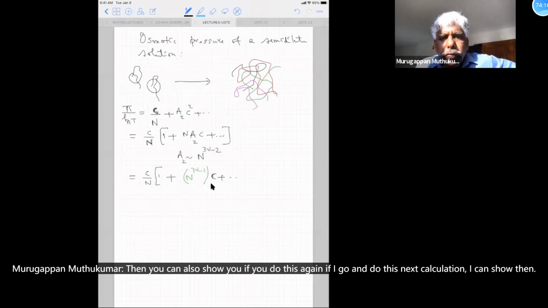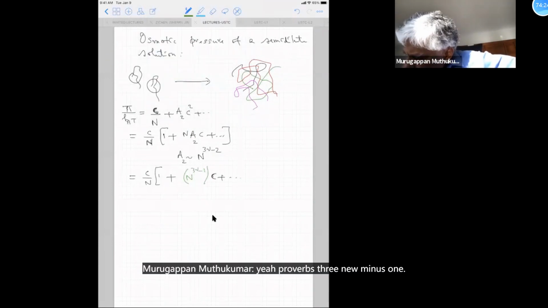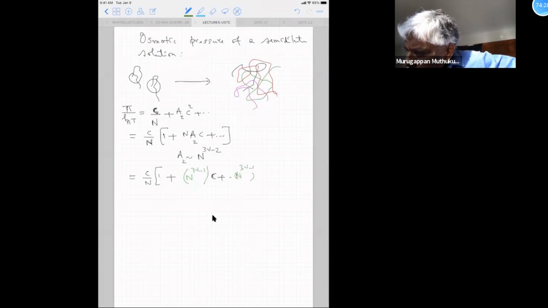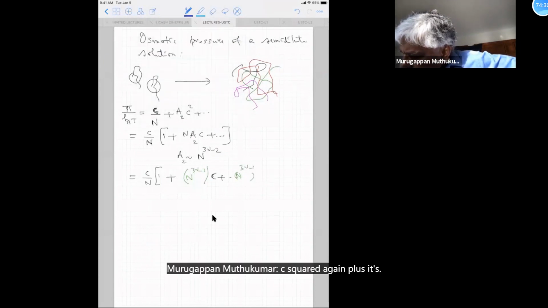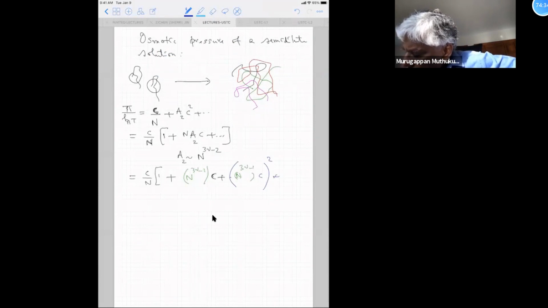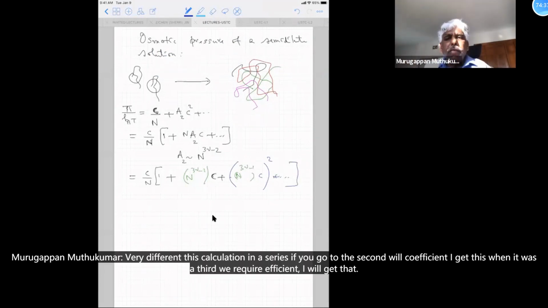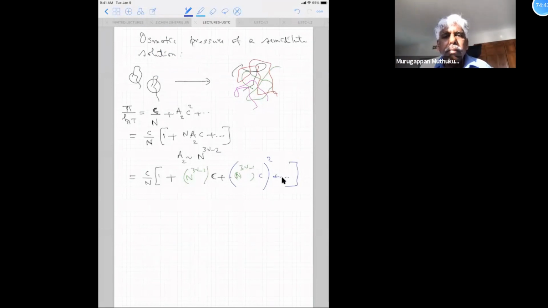Then you can also show, if I do this next calculation, N to the power 3 nu minus 1 times C squared again, plus etc. If I repeat this calculation as a series, if I go to the second virial coefficient, I get this. When I do the third virial coefficient, I will get that.